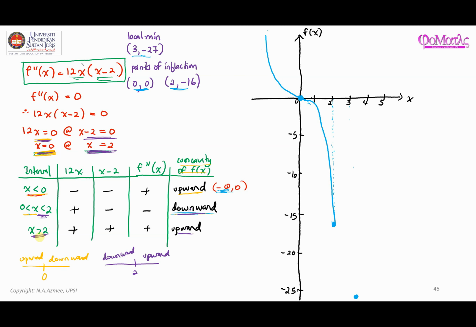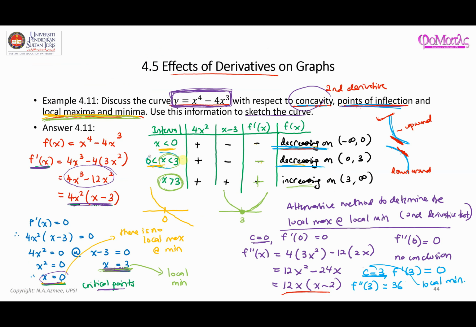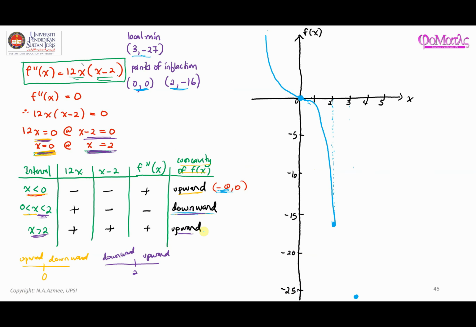Now after x greater than 2, the concavity of f(x) is upward. Okay, but it is still decreasing until 3, because according to the table, it is still decreasing until 3, but the concavity is upward from this point until infinity.